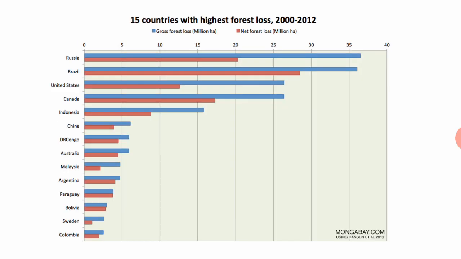Here we can see the 15 countries with the highest forest loss from 2000 to 2012. Russia is at the topmost position and Brazil also occupies a high position. When it comes to gross forest loss, Russia is the first, and for net forest loss, Brazil is second, and third and fourth are Canada and Indonesia.